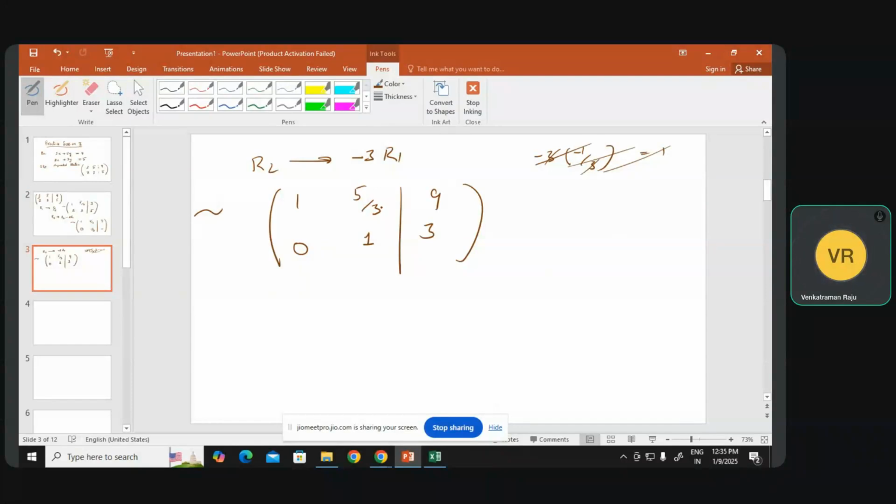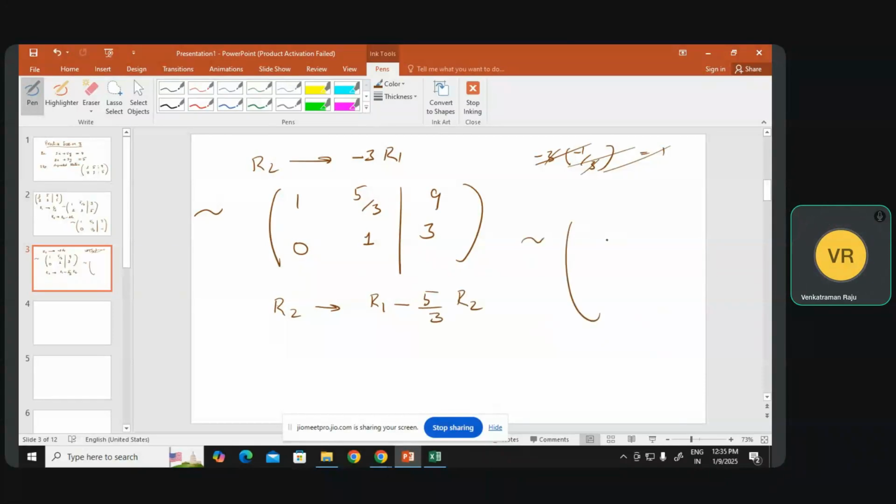Now my next step, only one step is left: I need a 0 here, right? So I multiply R2 by 5 by 3 and subtract it from R1. So R1 goes to R1 minus 5 by 3 R2.